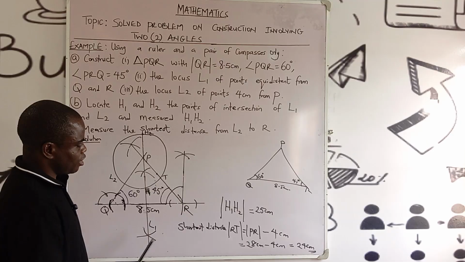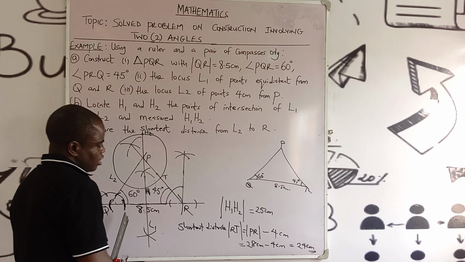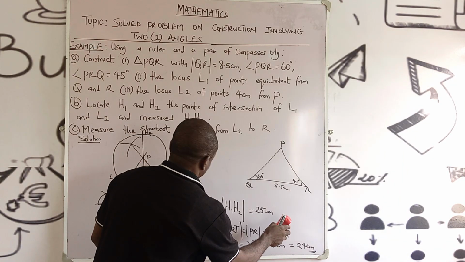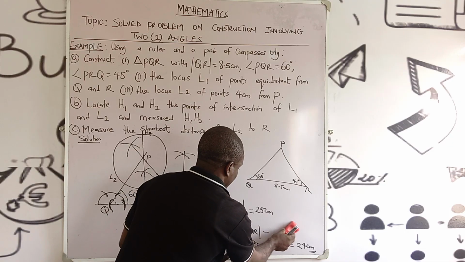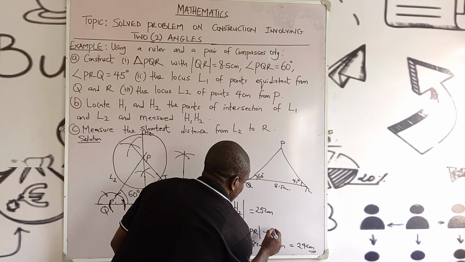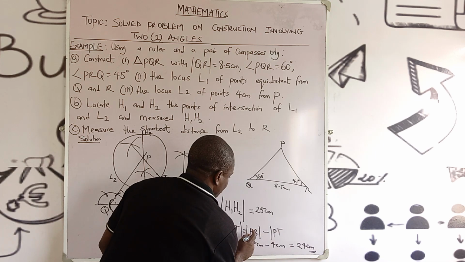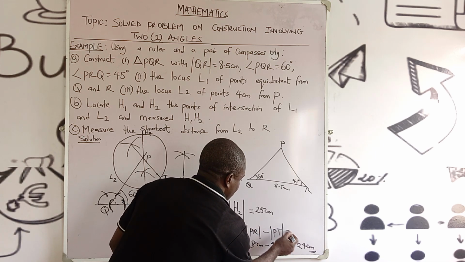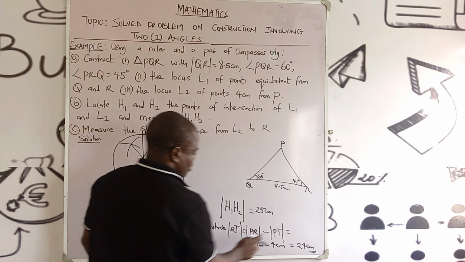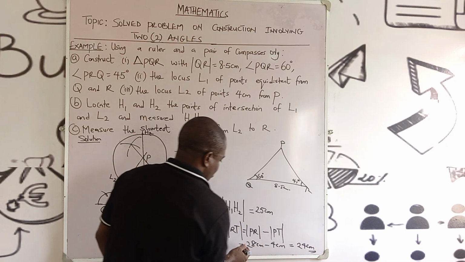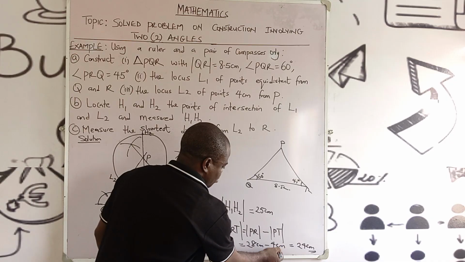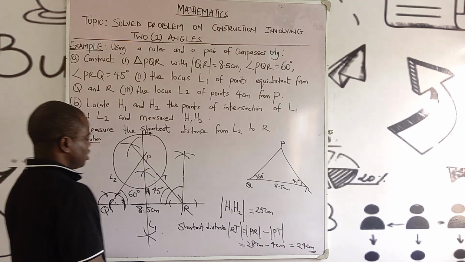So line TR equals line PR minus line PT. And line PR is 28 centimeter, line PT is 4 centimeter.